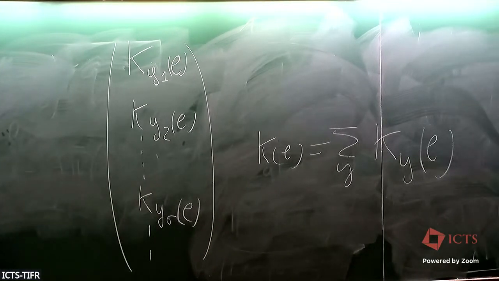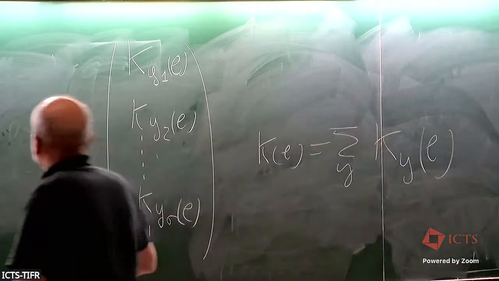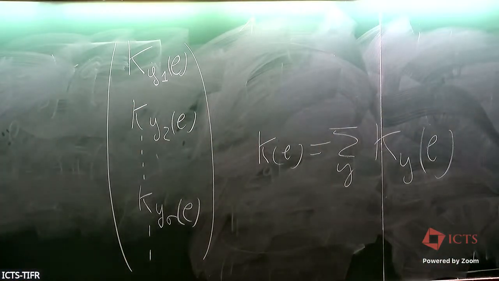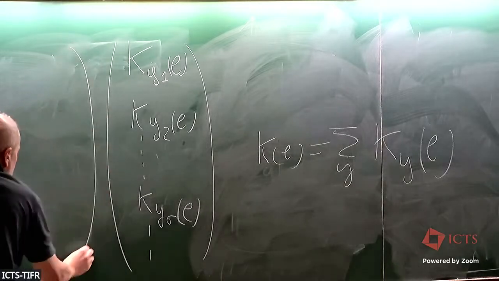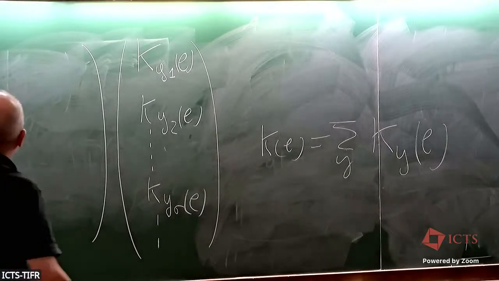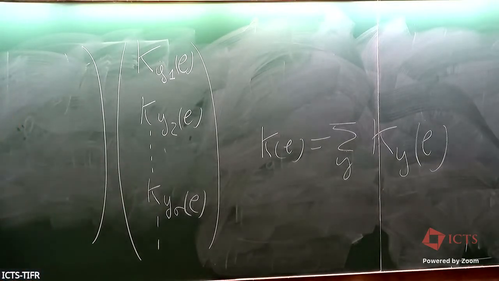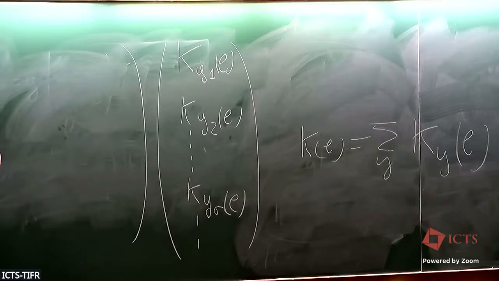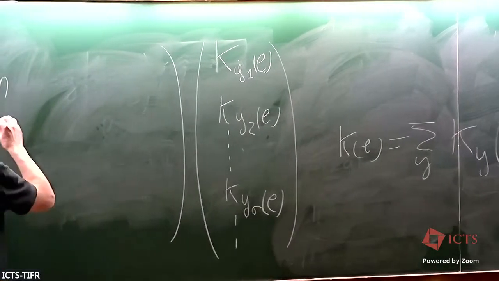And then I have to mix them through, typically, a stochastic matrix, which is eta. So the number of entries here is the same as this one, but here I have a stochastic matrix. It is eta.